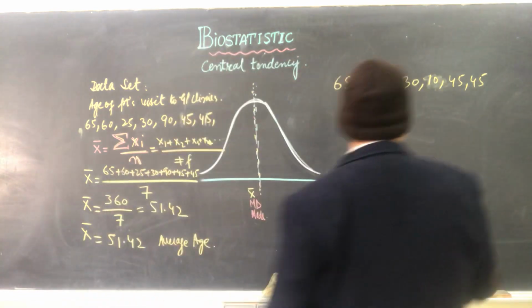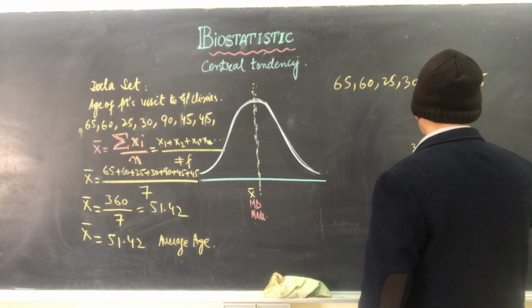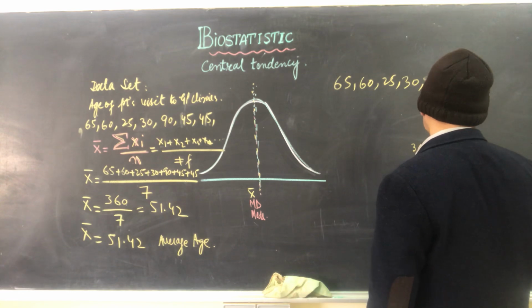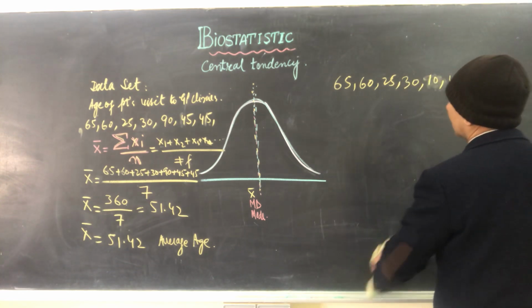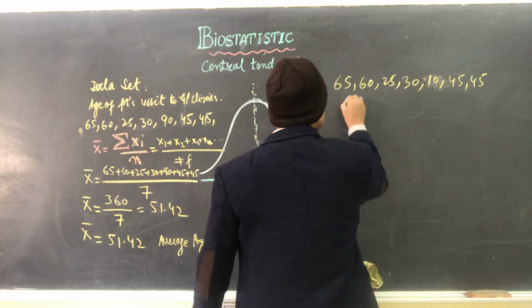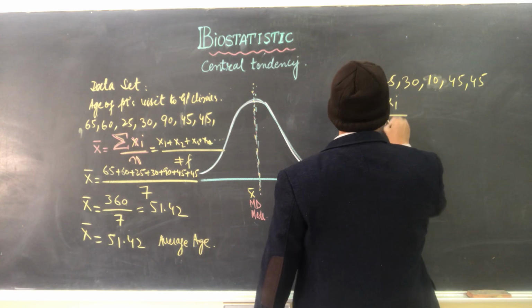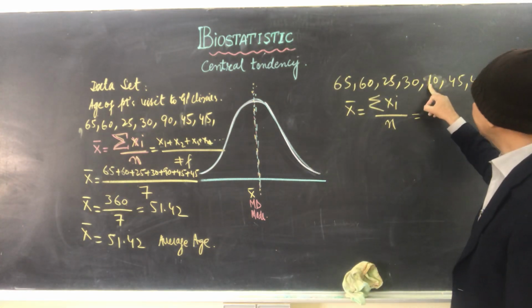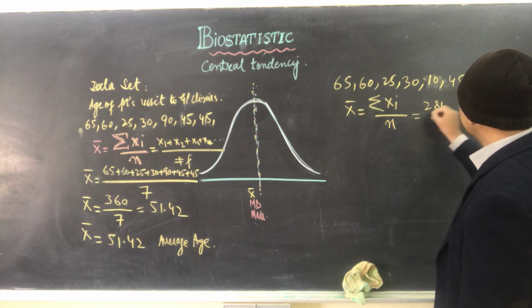Now, from 360, we will minus the 80. It will become 281. X bar, the sum of the xi divided by n. The total is 281.